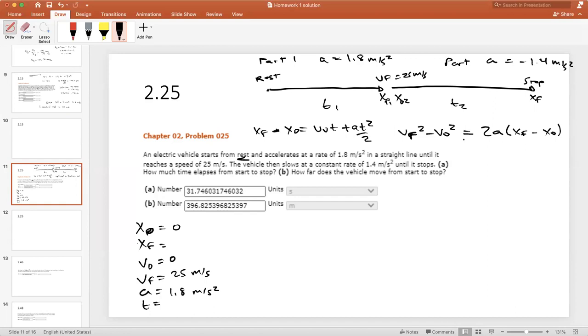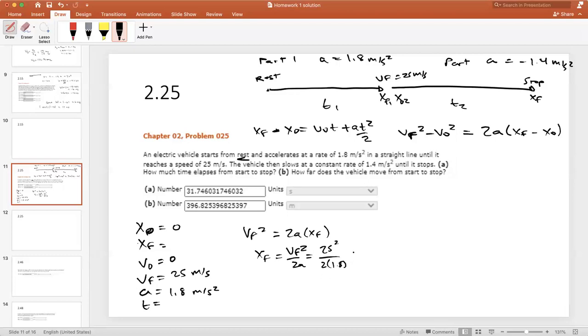So looking at this, I have everything here. Since v initial is 0, I get v final squared is 2a times x final minus x initial, but x initial is also 0. So I can find x final as v final squared over 2a, which is 25 squared over 2 times 1.8.